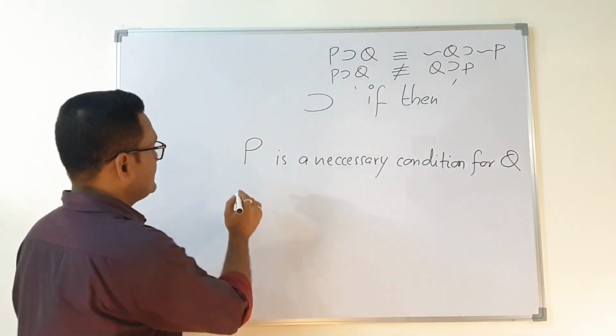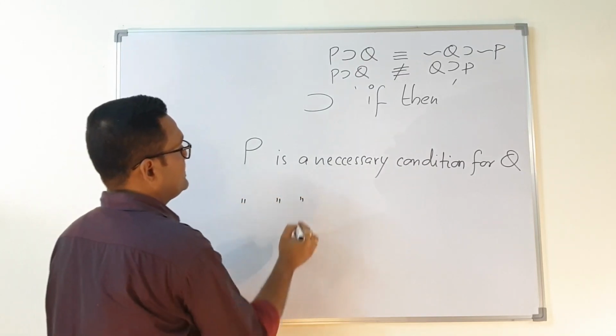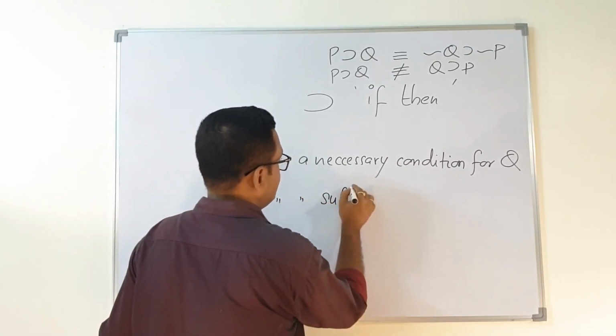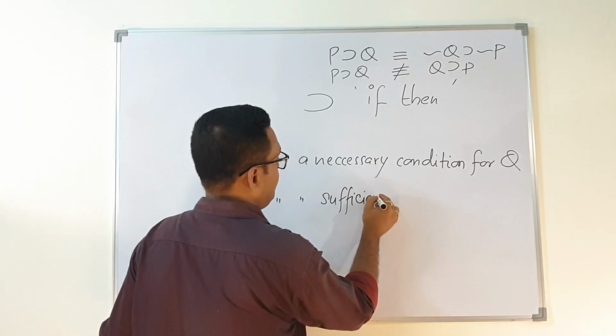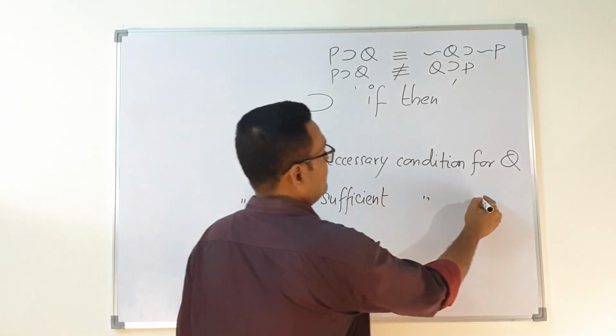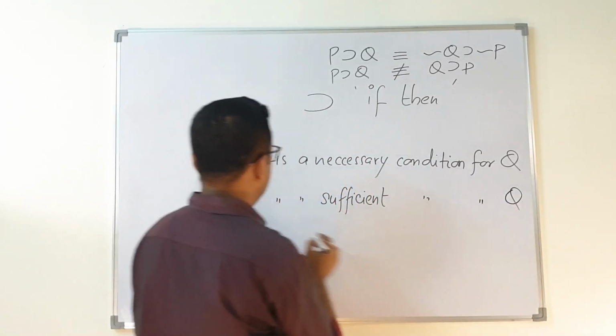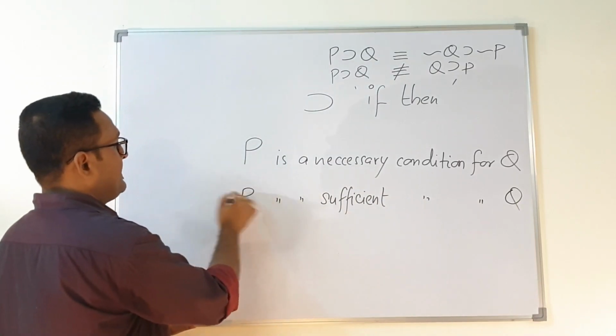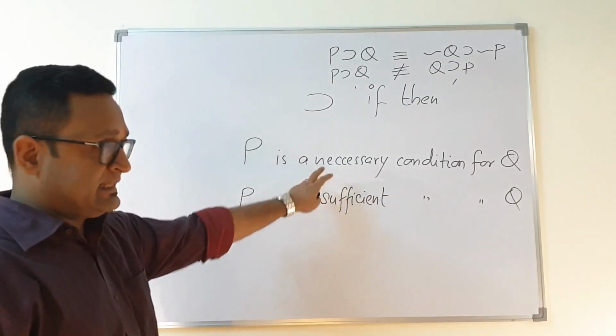The next says: p is a sufficient condition for q. So this is the first sentence and this is the second sentence.